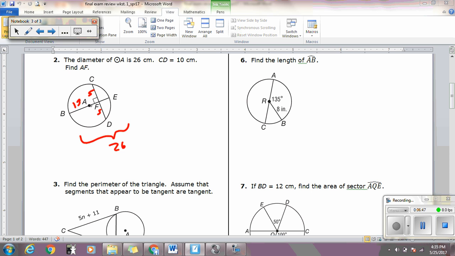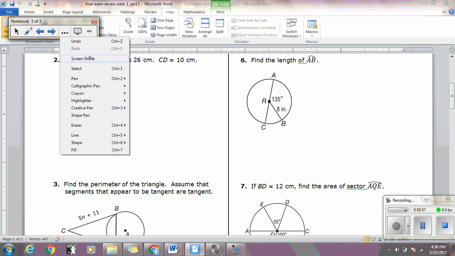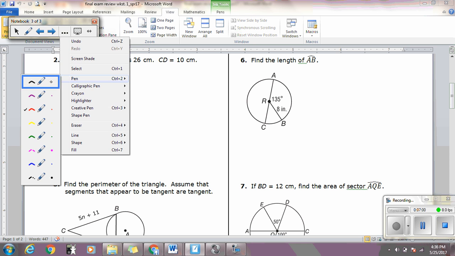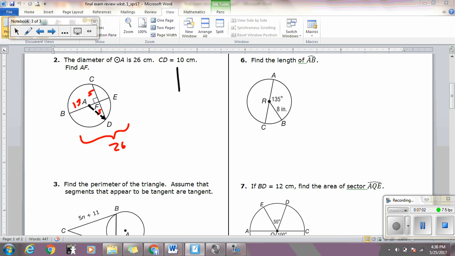The best radius would be to connect A with C or A with D. Either one would work. And when you've done that, you have now created a right triangle within your circle. So the right triangle is triangle AFD.